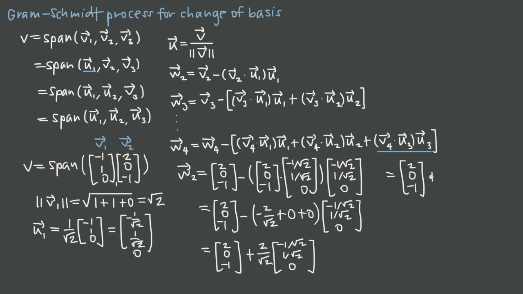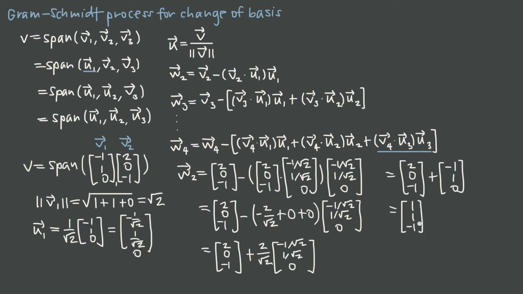Well, that's just equal to -1. And then here we get 2 over root 2 times 1 over root 2. That's 2 in the numerator and 2 in the denominator. That's a +1. And then here 2 over root 2 times 0 gives us 0. And so this will simplify to, now we just add the vectors, a 1, 1, and -1.